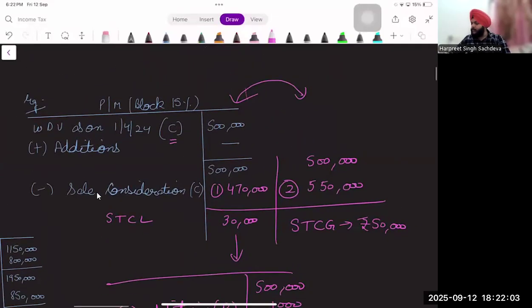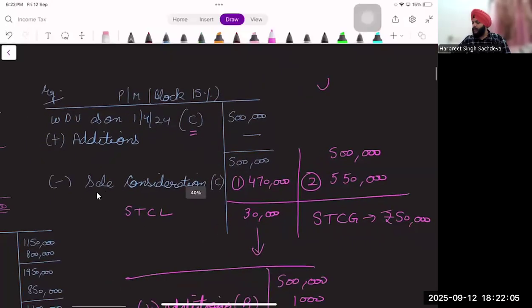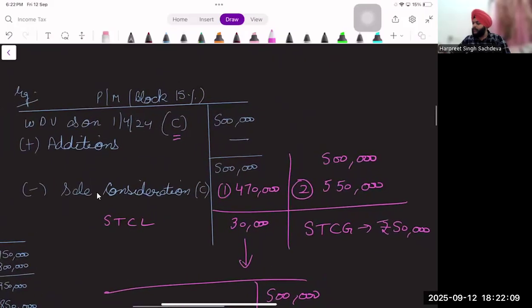Yesterday we did an example of how a block can be closed. There were two cases. A block can be closed when you sell any single item or all the assets of that block at a value more than the total value of the block.